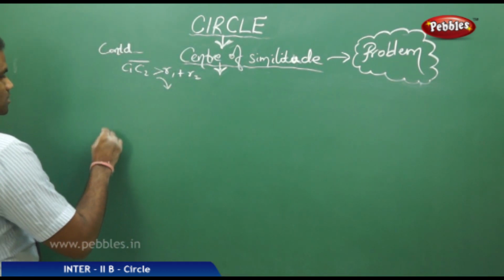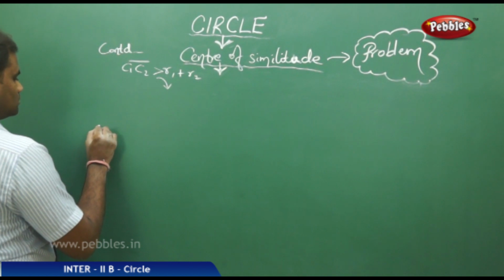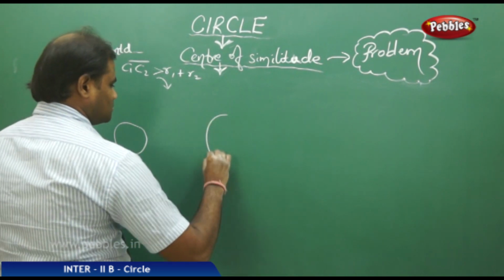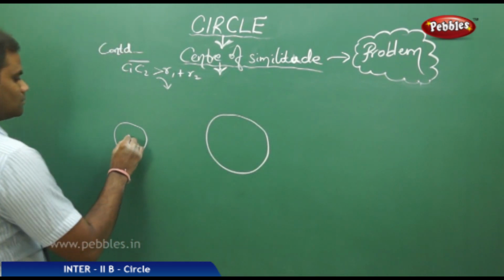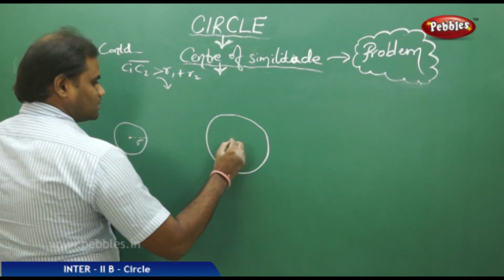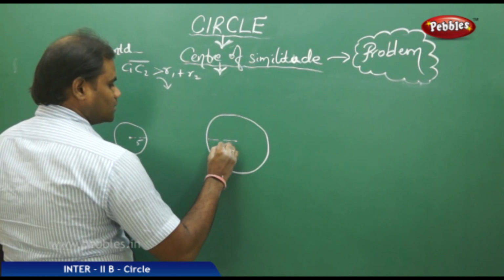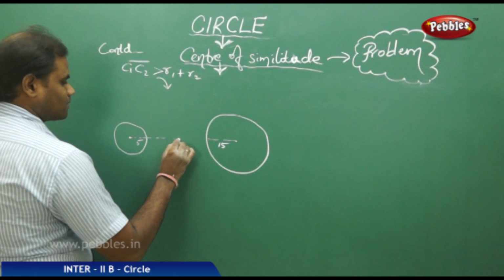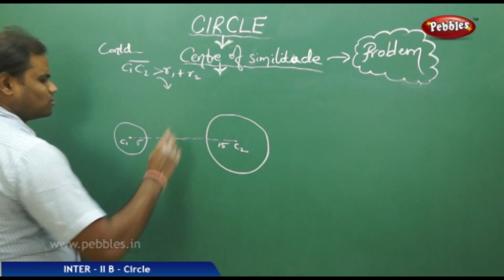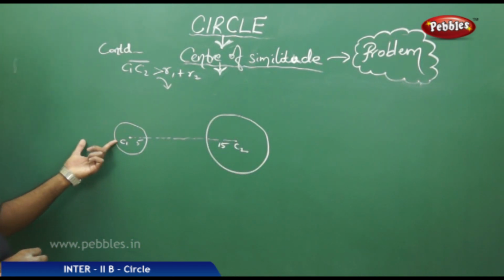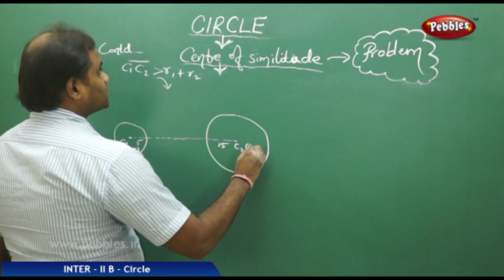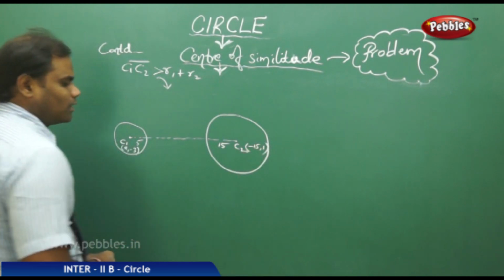So let's take the two circles where the radius of this circle is 5 and the radius of this circle is 15, and this is given by C1 and C2, where the coordinates of C1 are (7, minus 3) and the coordinates of C2 are (minus 15, 1).